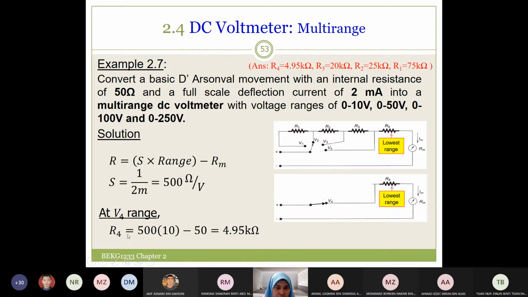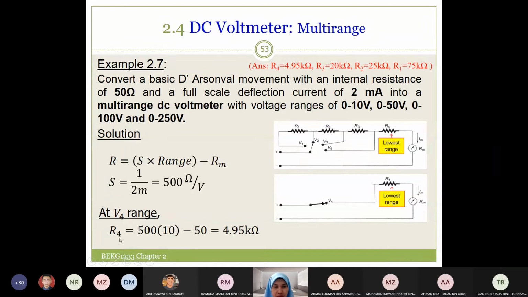In this circuit, this is the general circuit. The pointer can be tapped into V1, V2, V3, and V4. This is the example only. The pointer is tapped at V2. So we refer to the above figure.